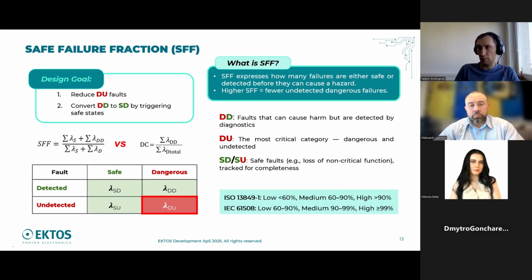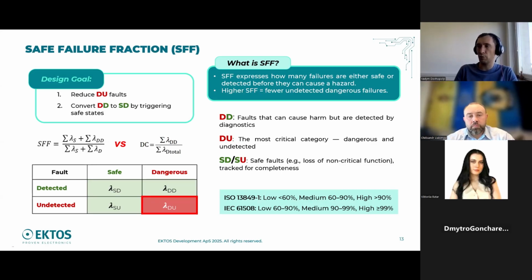But if we go into IEC 61508, it says that low diagnostic coverage is between 60 and 90, medium is between 90 and 99, and high is 99. So you have to be careful when you are working with the standards. It could be confusing, so be sure that if we are talking about needing medium diagnostic coverage, it is the same medium as the standard says here.